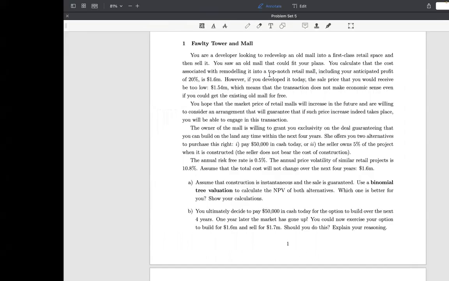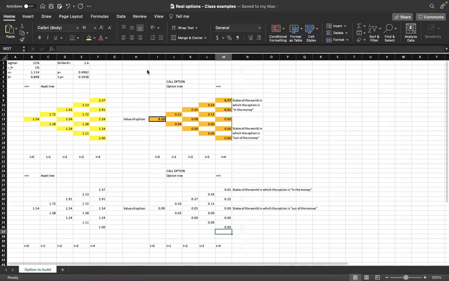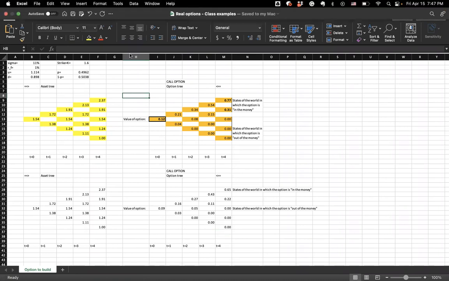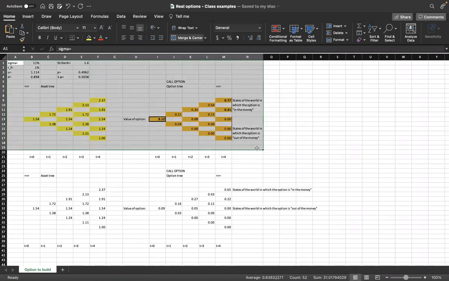Okay, let's get started. So I'm sharing the question 1 binomial tree that I built. I think you can see it. I literally just changed the numbers in the Excel that I downloaded from Carmen.